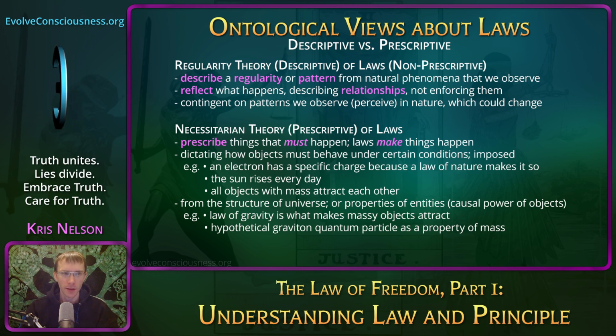So these prescriptive laws that prescribe what must happen and make things happen, there are two ways that this could happen in the necessitarian theory. One is from the structure of the universe itself, or if it's not built into the structure of the universe, I guess, a property of the entities, the causal power of objects.